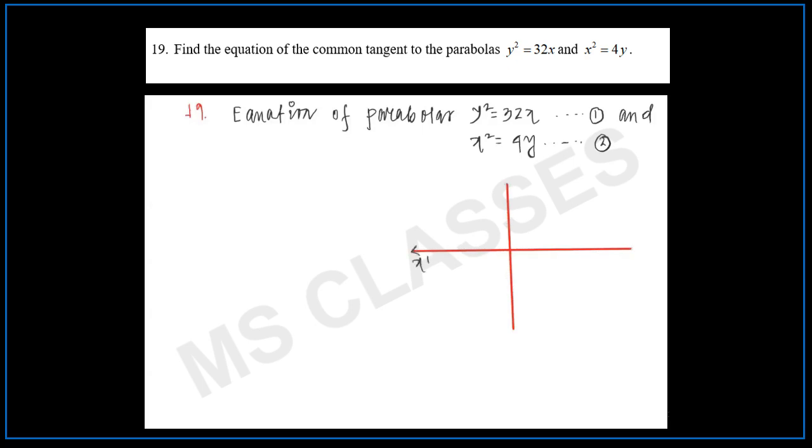This is x prime, origin, y, x, y prime. We take here two parabolas. One is y square equal to 32x, and there is x square equal to 4y.